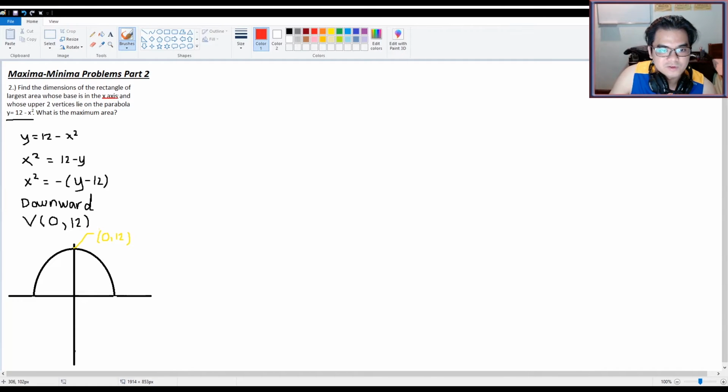And the other two upper vertices must touch the parabola. So the upper two vertices of the rectangle will be the intersection of the parabola and the rectangle itself. So it will look something like this.